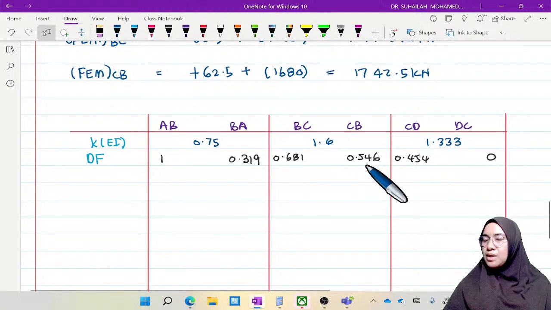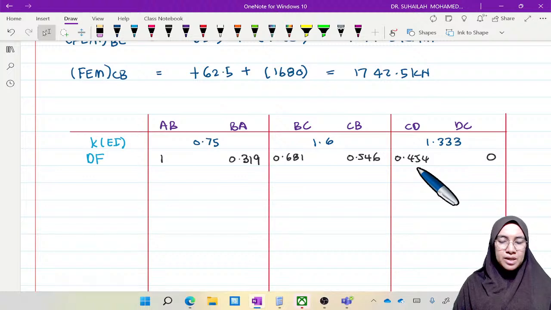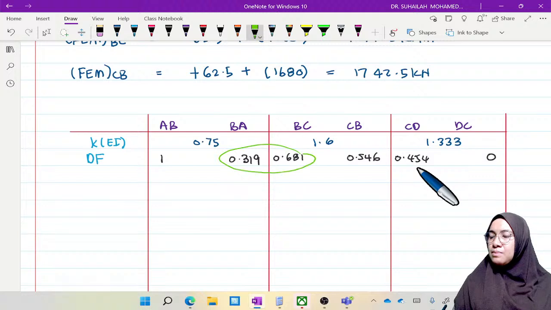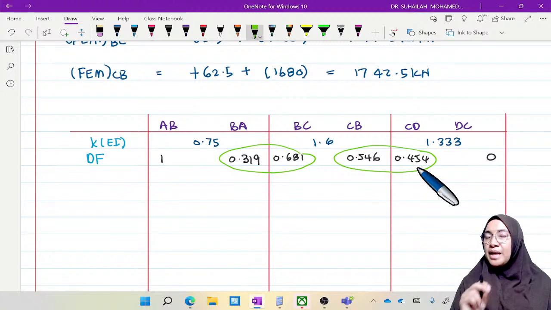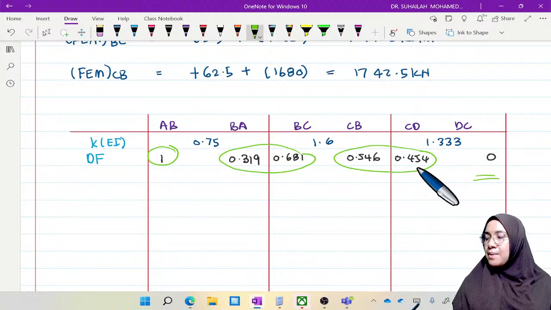We check that the total must be 1, because 1.333 divided by 1.6 plus 1.333 also gives 0.454. At each joint, the distribution factors must total 1, except at pin and fixed ends.